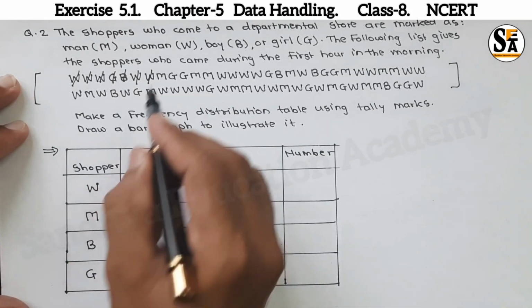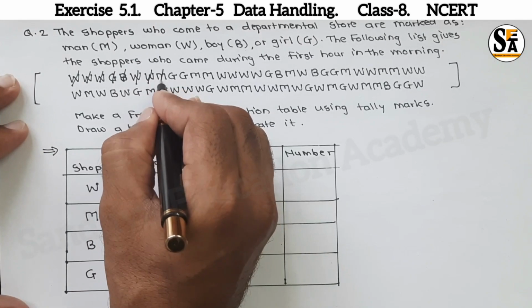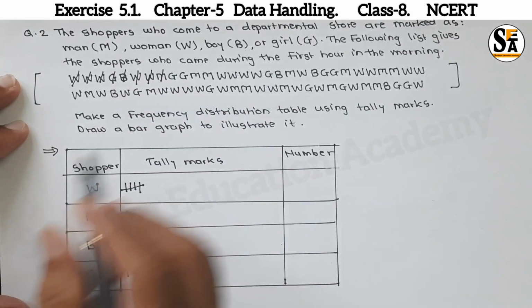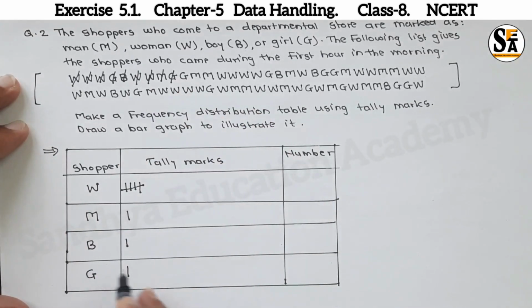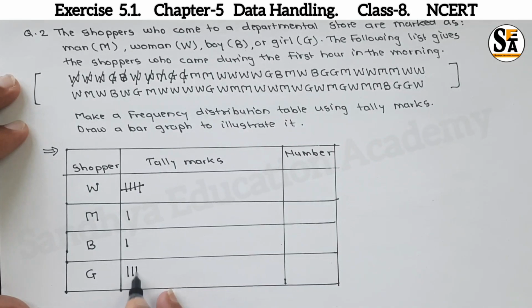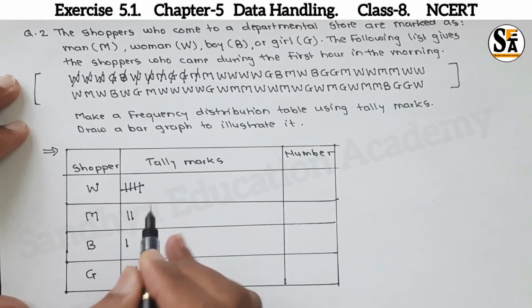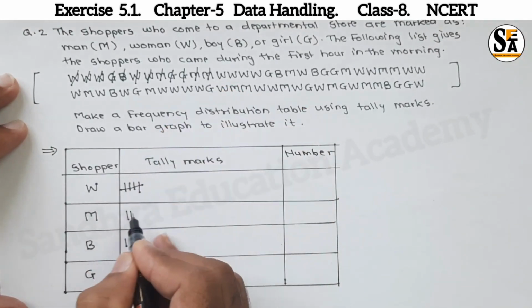Then M, for M first strike and then make an entry. G, first strike then make an entry. G again, strike, make an entry. Then M, strike and make an entry.